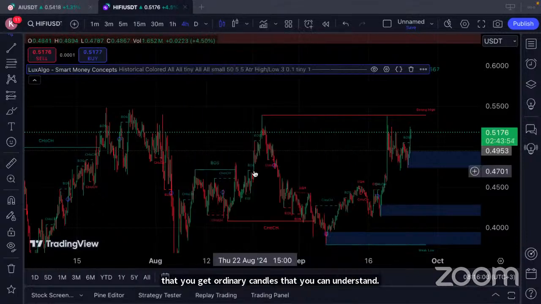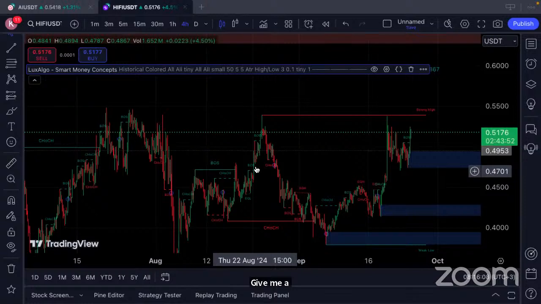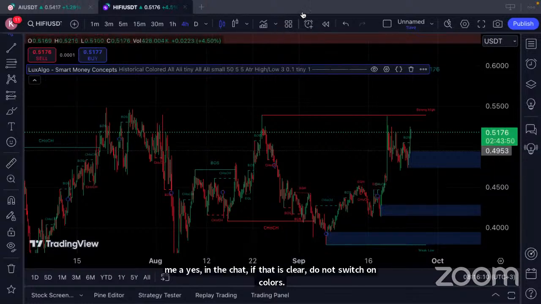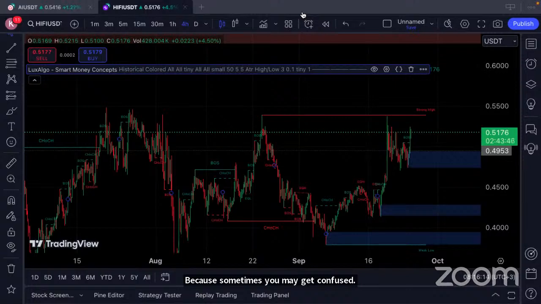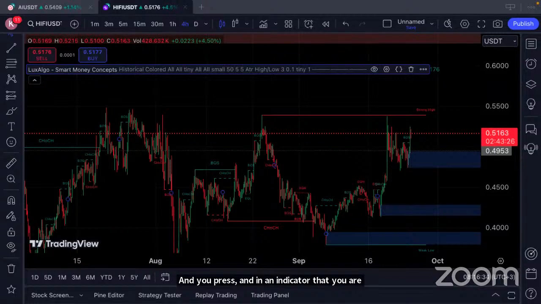Do not switch on colors because sometimes you may get confused by the indicator, because indicators are never perfect. Okay? Indicators are never perfect. They can help you indicate. Let me put it in layman's language. If you are driving a car and you press an indicator that you are going that side, can't you change your mind?